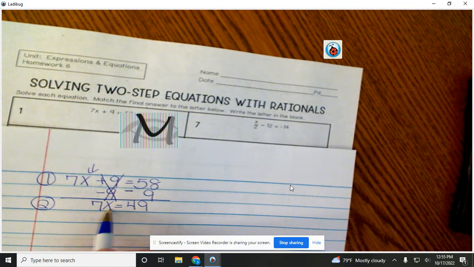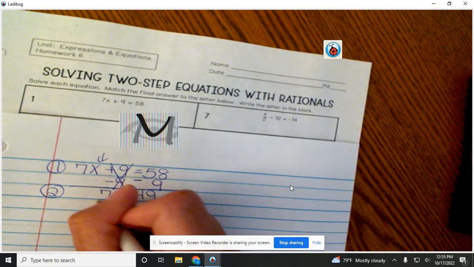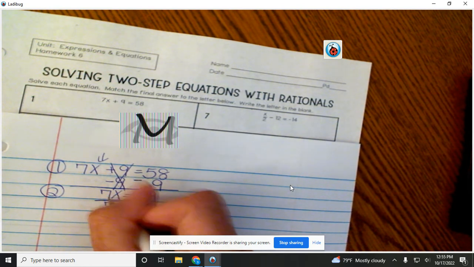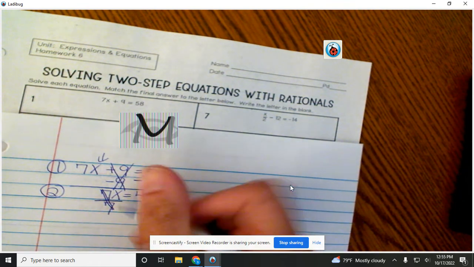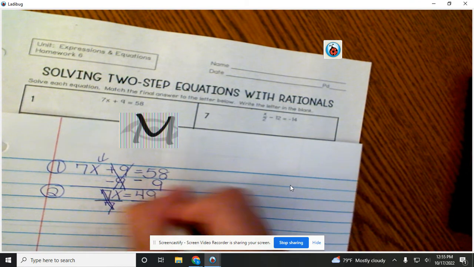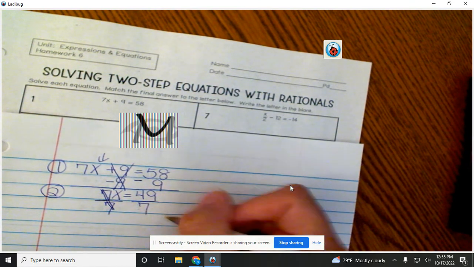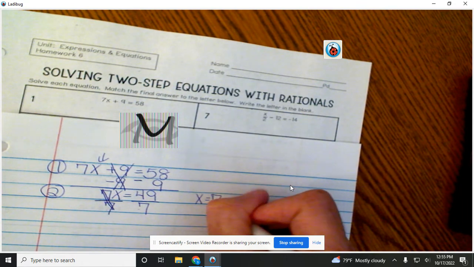The opposite of multiplication is division. So I'm going to divide by the 7. 7 divided by 7 is 1, so that crosses this out. And whatever I do to one side, I have to do to the other. So 49 divided by 7 is x equals 7.